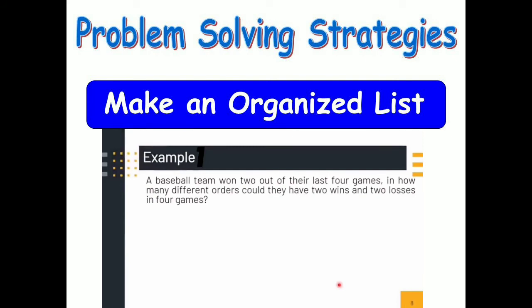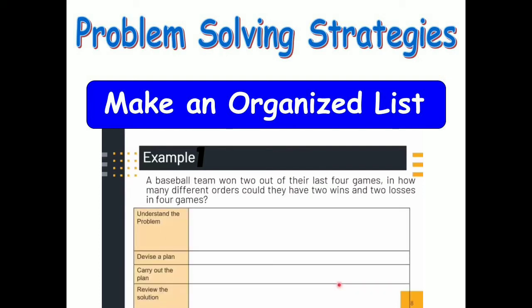A baseball team won 2 out of their last 4 games. In how many different orders could they have 2 wins and 2 losses in 4 games? Applying the 4 steps, first we need to understand the problem. Ano yung goal natin sa problem? To identify the order na kung saan dalawang panalo at dalawang talo yung baseball team.